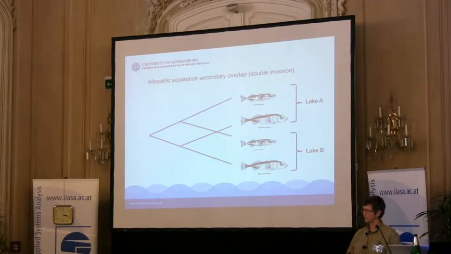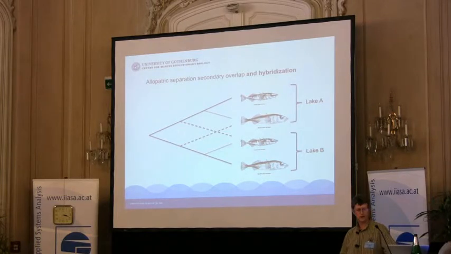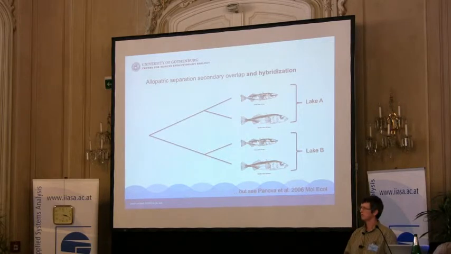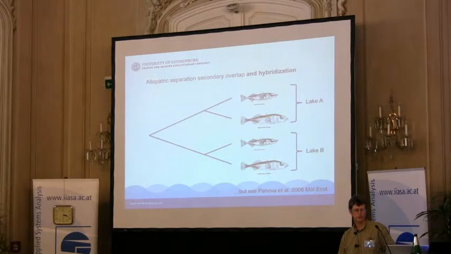If they then start to hybridize extensively in the same lake, after a while you can have a pattern which looks quite similar to a parallel evolution pattern. We tried this once to discriminate between these two possibilities, and it can be done, and I refer to this publication by Panova et al. if you're interested in that.